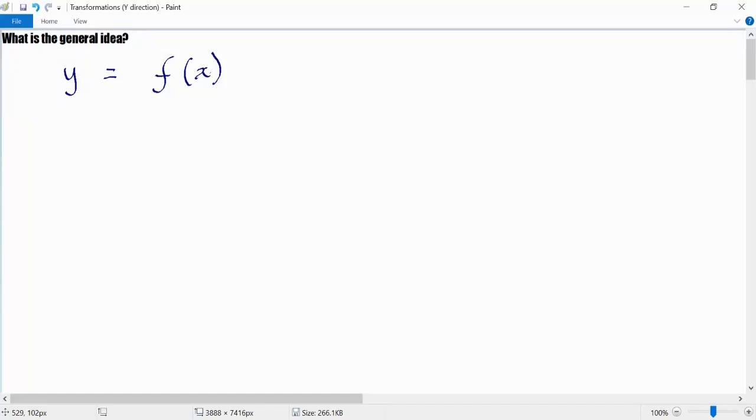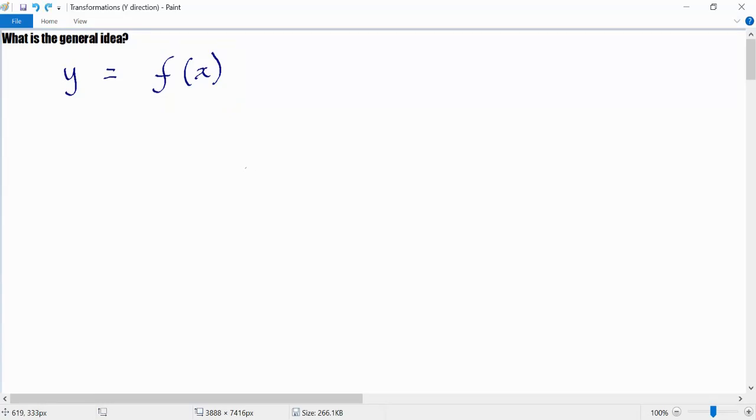That means all y direction transformations treat this function as one big whole thing. Almost like you can imagine putting brackets around that entire function and then applying that action to those brackets.